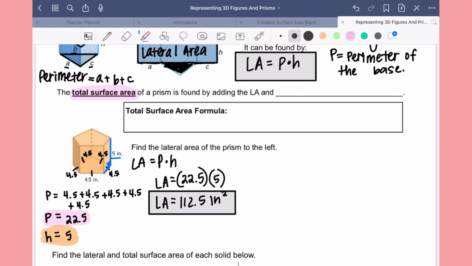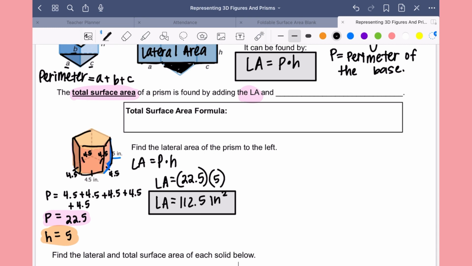So the way you find this is by adding the lateral area. The one we just found was the walls here on the side, the rectangular walls. If I were to outline it, this is the area we found. All these rectangles.